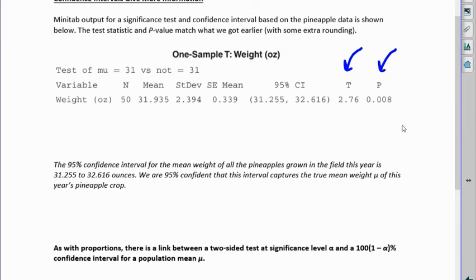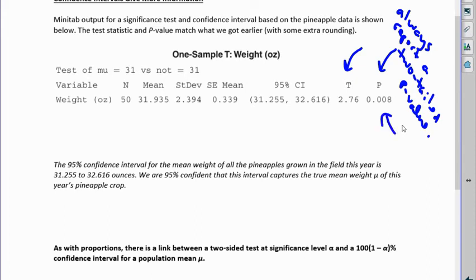And Minitab will always report a two-tailed p-value. So if you need a one-tailed p-value and you have Minitab output, you're going to need to cut that in half. So if one tail, divide by 2, okay, so there's that.